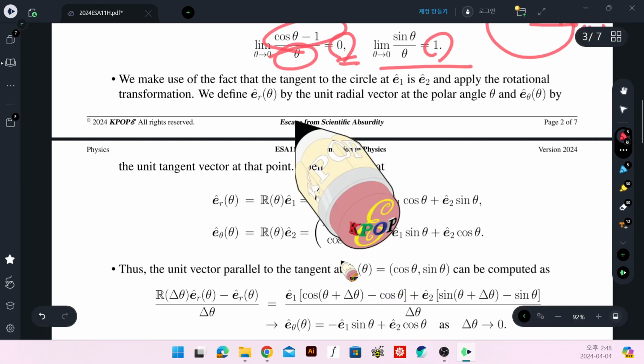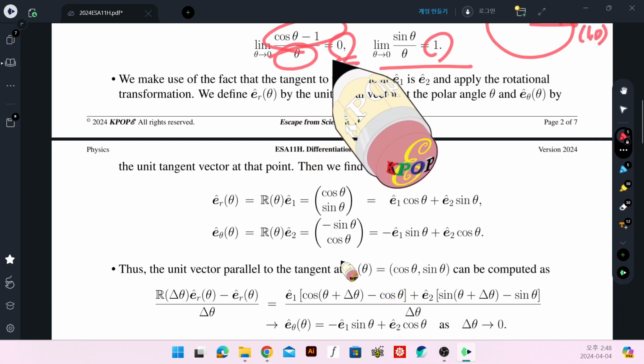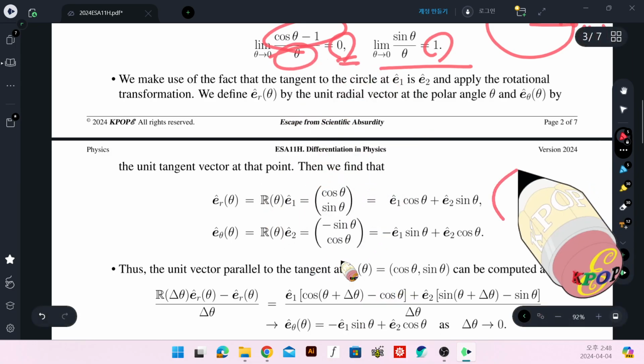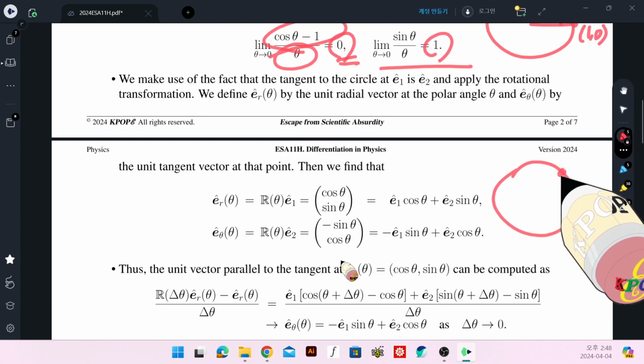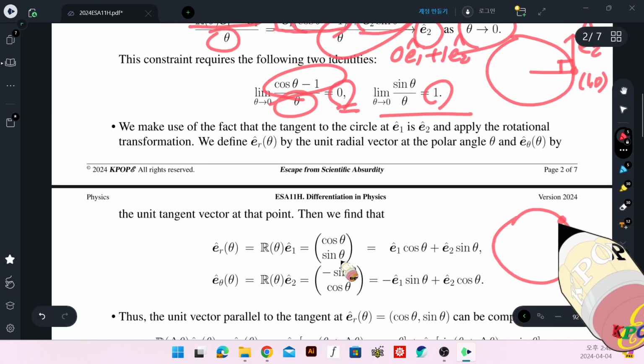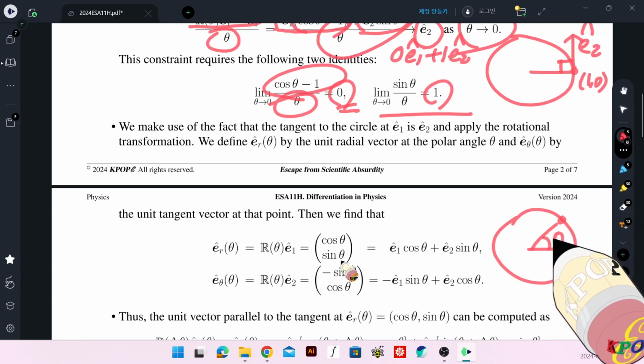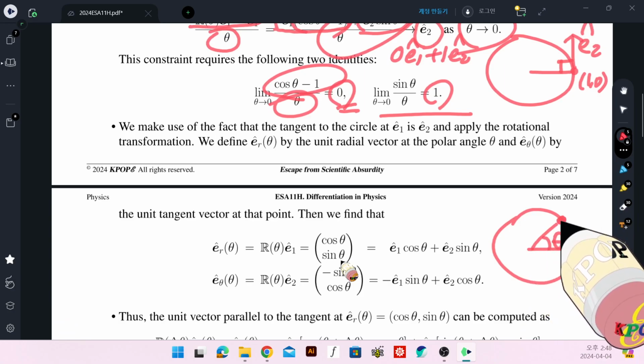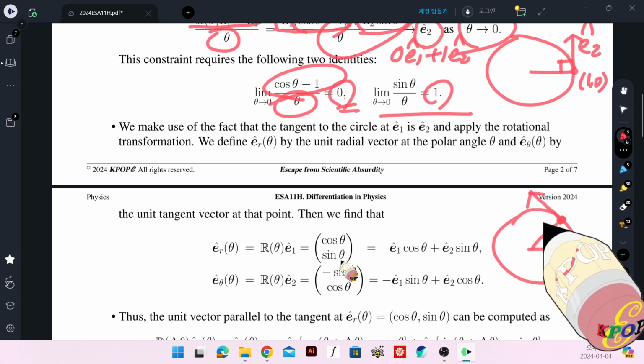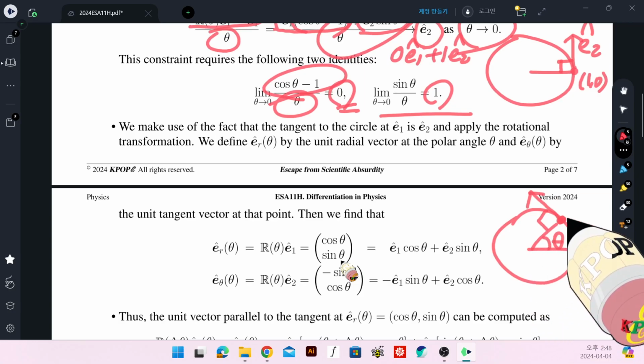So what happens if we choose a point on a circle at the polar angle theta? In that case, this tangent must be perpendicular to the unit radial vector.